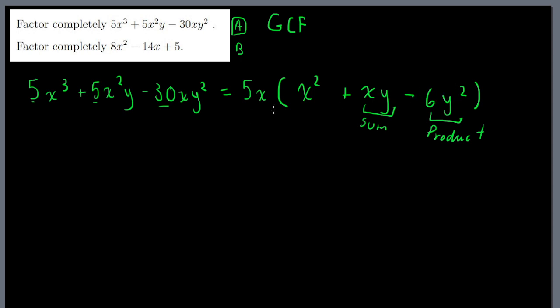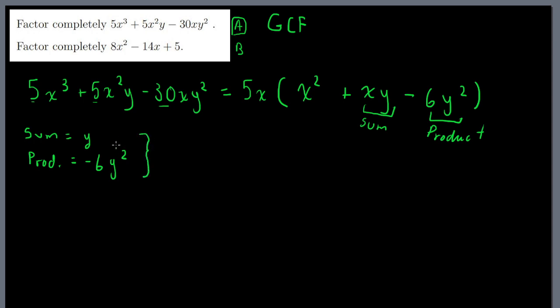This is your constant. This is a sum, so your sum will have to equal y, and my product will have to give me negative 6y squared. So what two numbers will give me y, and what two numbers multiplied by each other will give me negative 6y squared? Well, you guys are thinking about numbers.